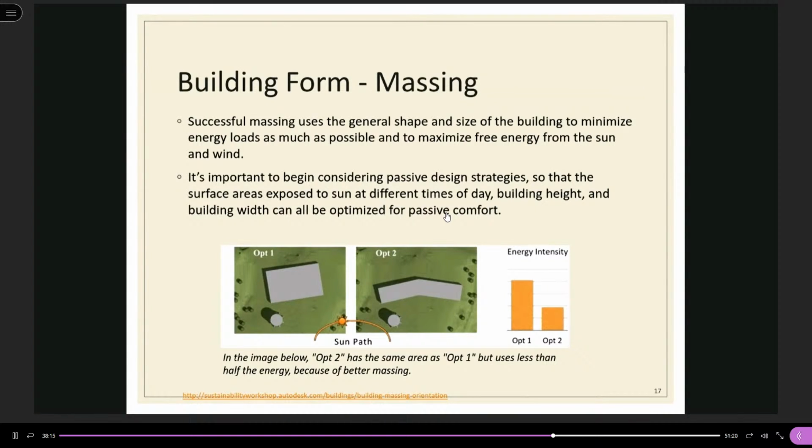So just like in this diagram, option 1 is a more solid design option, and option 2 is a more elongated building form. So they can do a comparison. Then the energy intensity is found to be higher for option 1. So this is just an example.